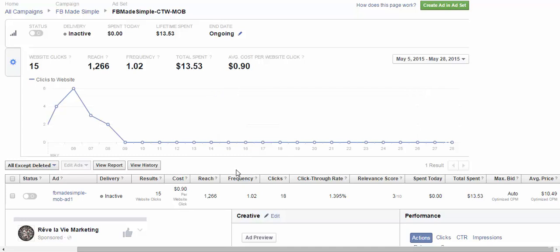So I definitely urge you to keep an eye on that after you start running ads. That way you can limit your losses, increase your returns, and definitely make the most of your Facebook ad marketing.